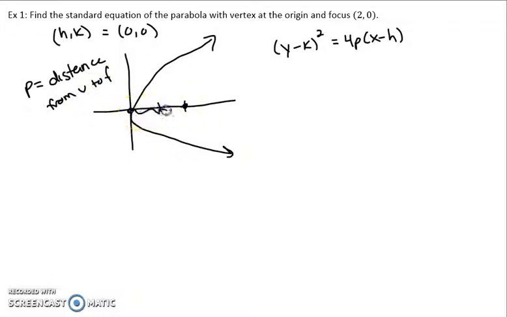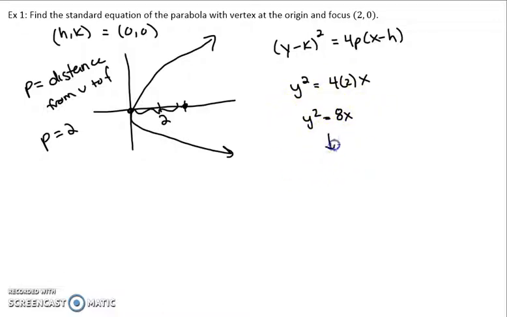Well, the distance here is 2, so we know p is equal to 2. So we can plug this in, and we're going to get y squared equals 4 times 2x. So y squared equals 8x. And that's going to be the equation of our parabola, y squared equals 8x.